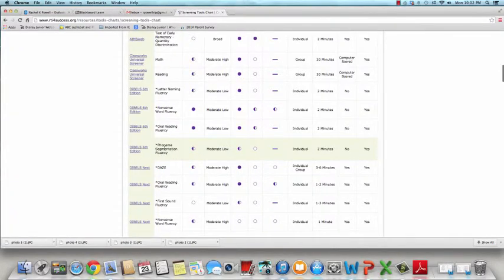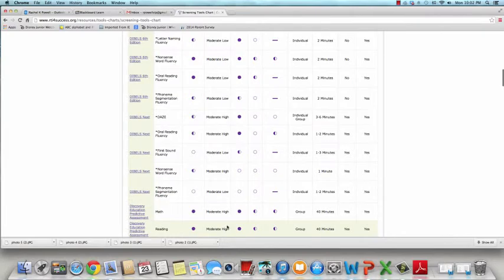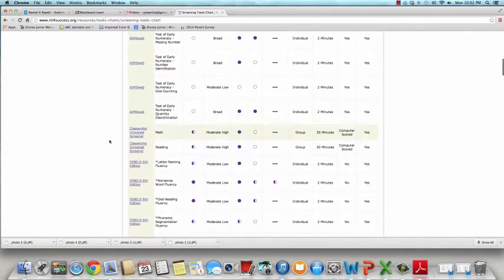Phoneme segmentation fluency, that's the skill we're talking about. Okay, here we go. DIBELS 6th edition had moderate evidence, but here it had unconvincing evidence. So I'm not really sure what they're using to analyze everything, but I find it helpful to know what kind of measure you're looking at, as an individual or a group, and how much time it takes.